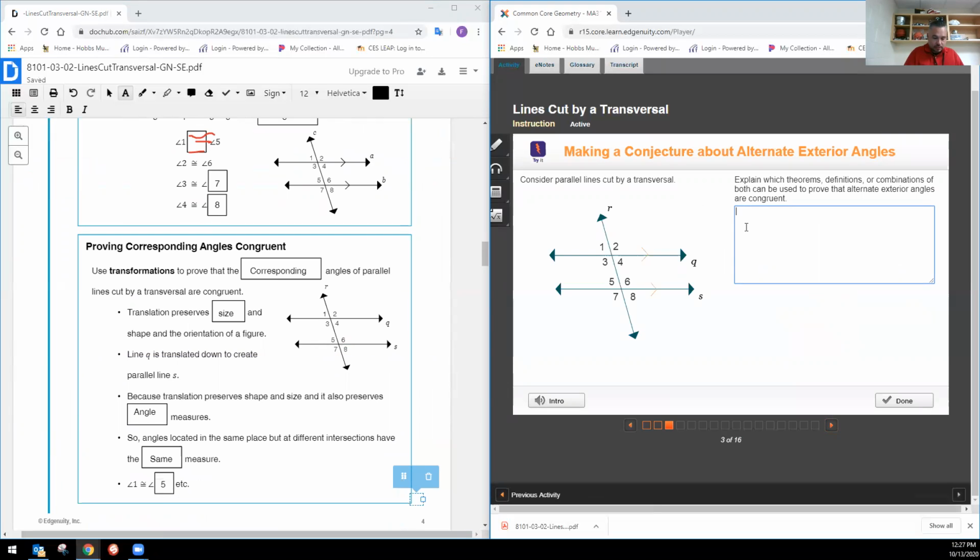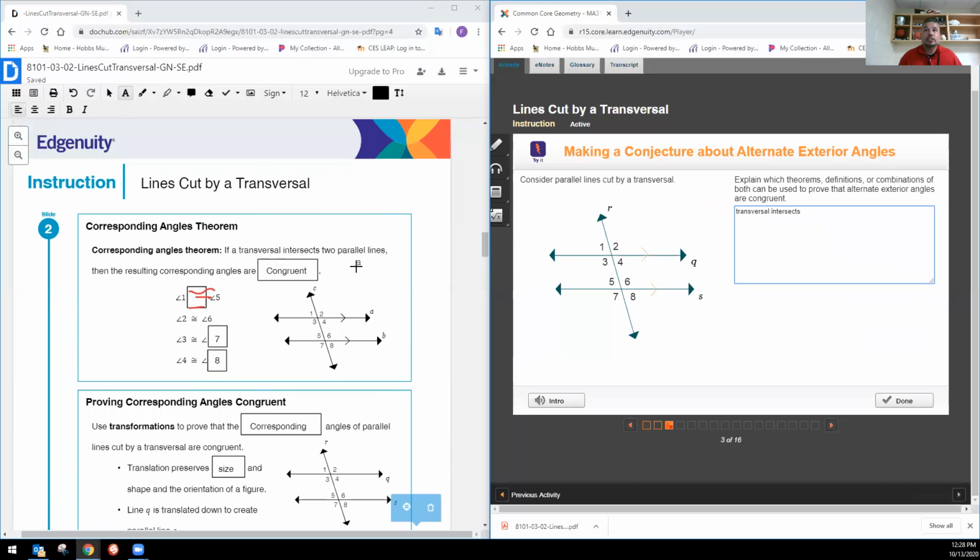Okay, so let's see. I'm just reading my theorems right here.